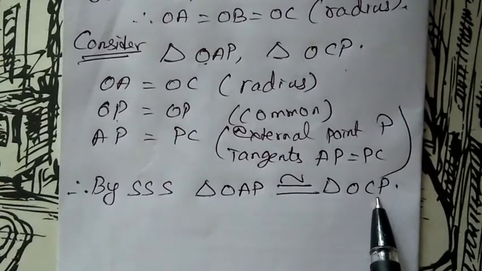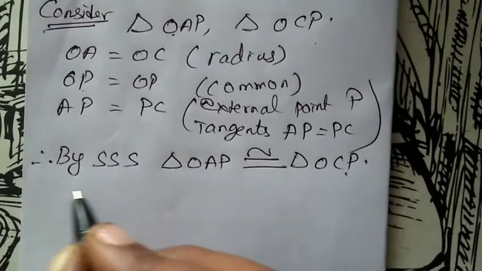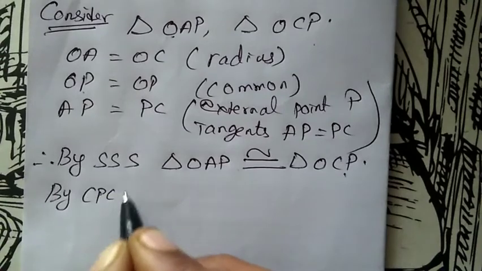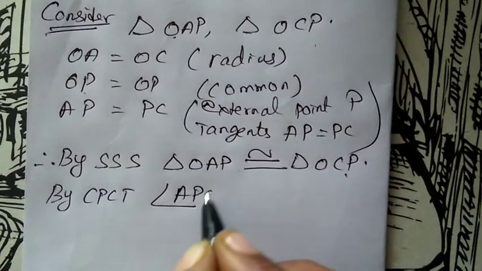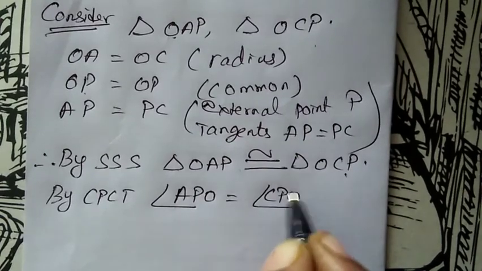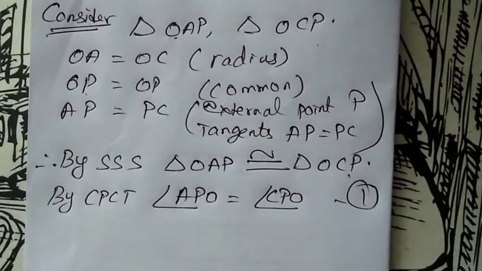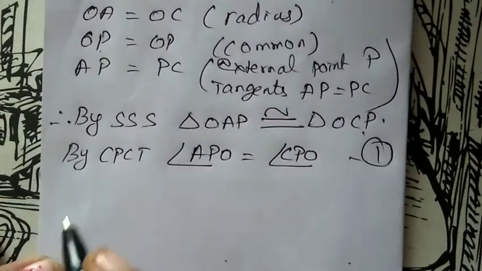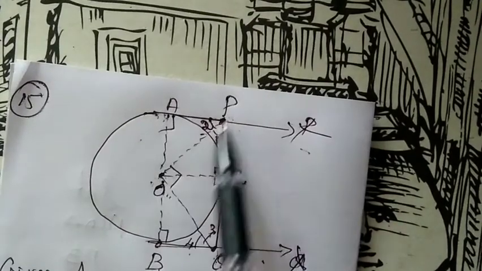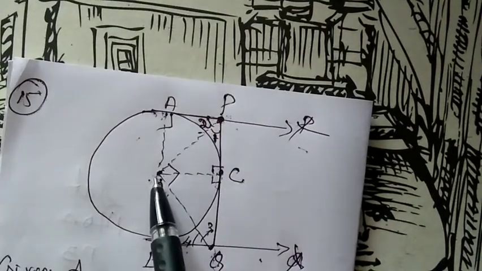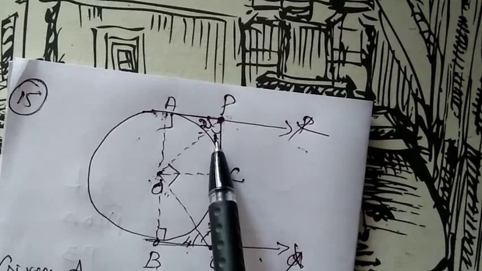Now we proved congruent. So, by CPCT, angle APO is equal to angle CPO. We make it as first equation. Now in this diagram we have proved APO is equal to CPO. These two angles are equal.